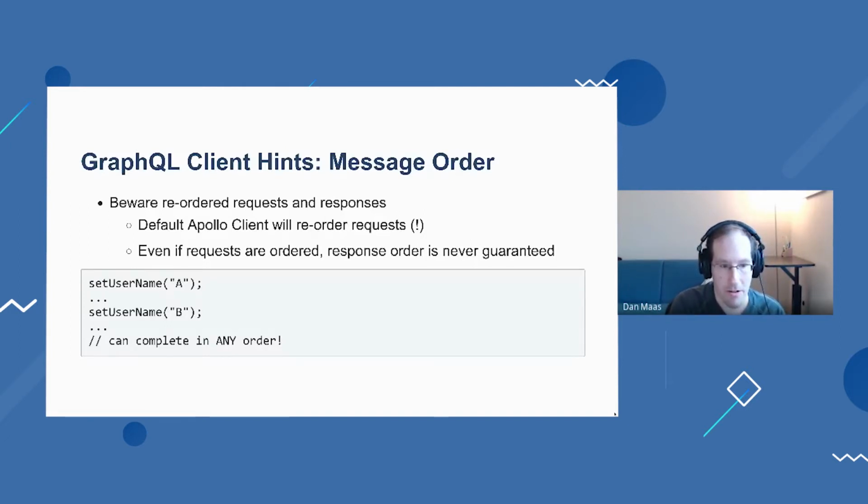So if your app cares about the order of requests, you need to manually use some other technique, like a timestamp or an incrementing message ID or something, in order to reorder things. GraphQL is not going to handle this for you.